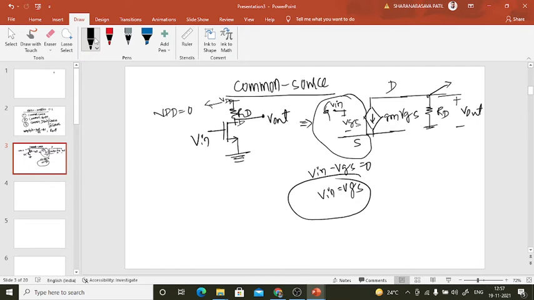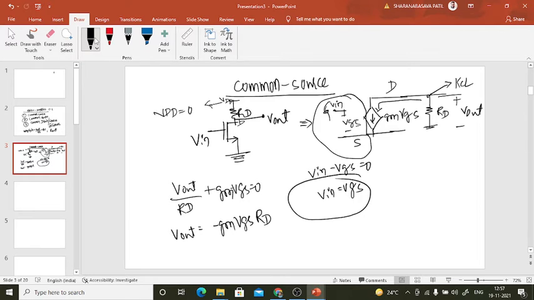Apply KCL at this terminal. What will we get by applying KCL at that terminal? V out by RD, and current is leaving this terminal, so this is gm VGS equal to 0. This gives V out equal to minus gm VGS into RD.